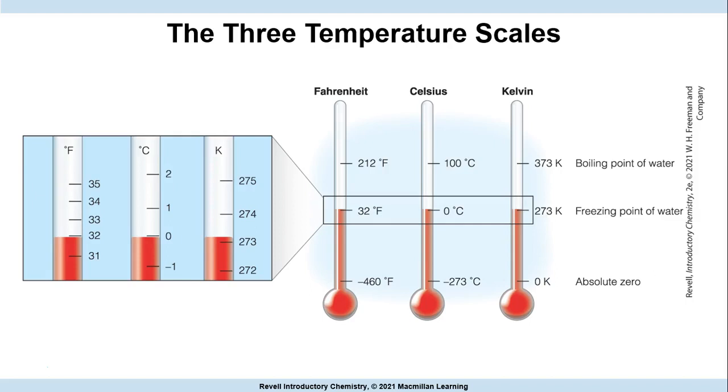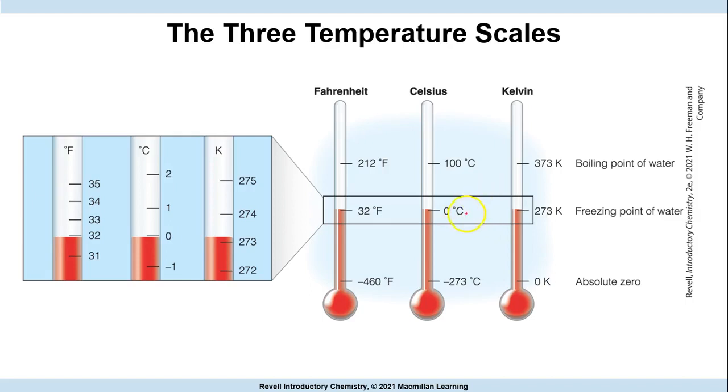So between 0 to 100 degrees Celsius, the same between 273 to 373 is 100 Kelvin. So a change of 1 degree Celsius is equal to a change of 1 Kelvin. That is going to be easier for us when converting between Celsius and Kelvin.